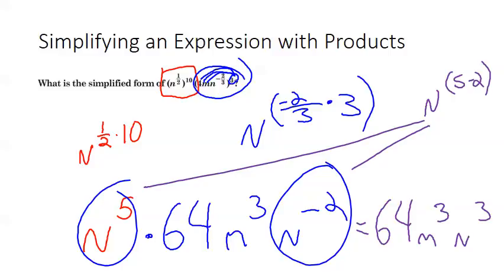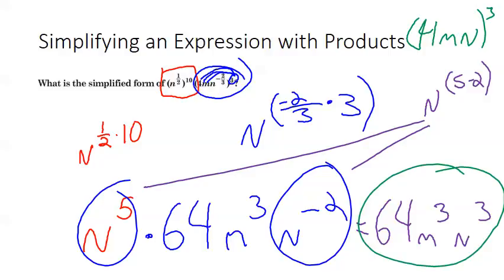That is a simplified form. And again, this is as far as you need to go. However, interesting tidbit, that also equals 4mn cubed. Because 4 cubed is 64, then you've got m cubed and n cubed. But this would get you an A right there. This is advanced stuff, guys. I promise you.